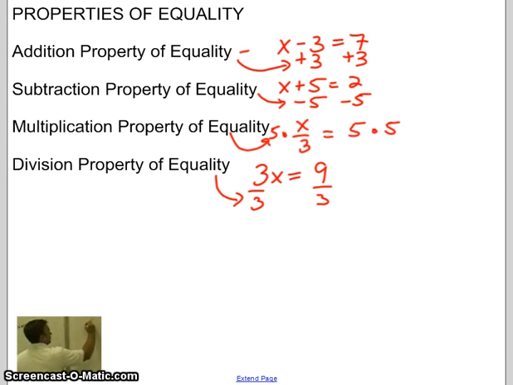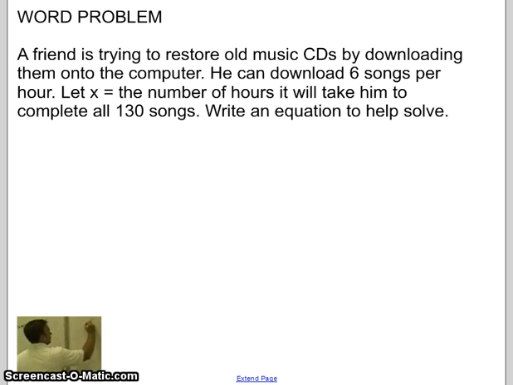So with this property, equality means we're doing the same thing on both sides, and it just depends on what we do, whether it's addition, subtraction, multiplication, or division. That's the technical term for what we've been doing with these inverse operations.